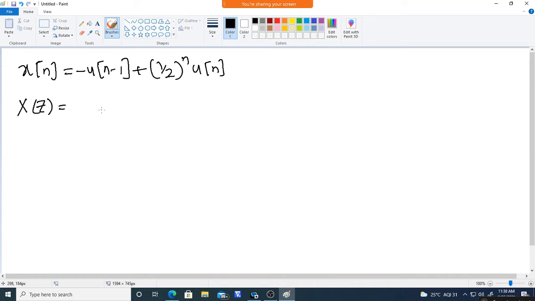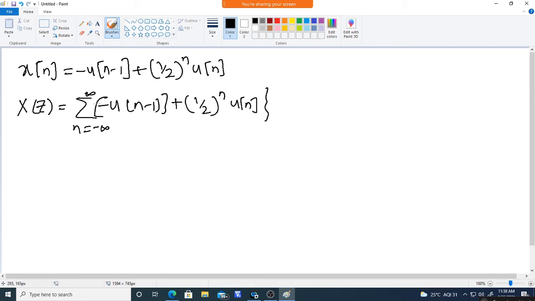Summation n equal to minus infinity to plus infinity of x of n, which is minus u of n minus 1 plus half power n into u of n, this whole thing into z power minus n.